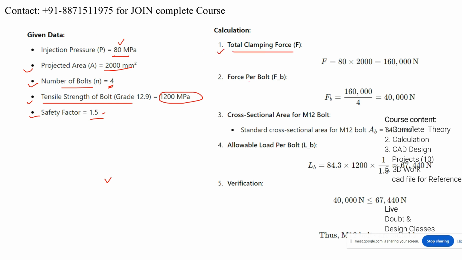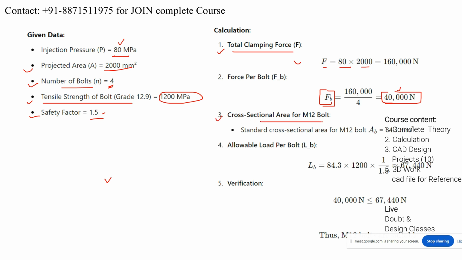Step 1 is calculating the total clamping force, the first step of the injection mold design. Force equals pressure multiplied by area, then force per bolt FB is the total force divided by the number of bolts. So you will get 40 kilonewton. Is it clear?